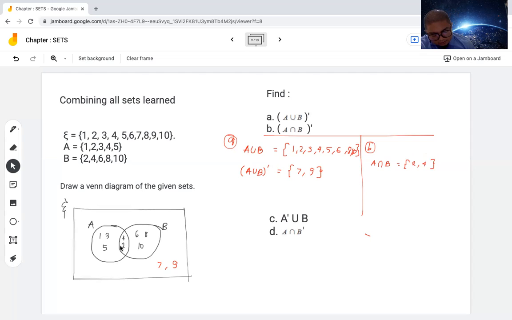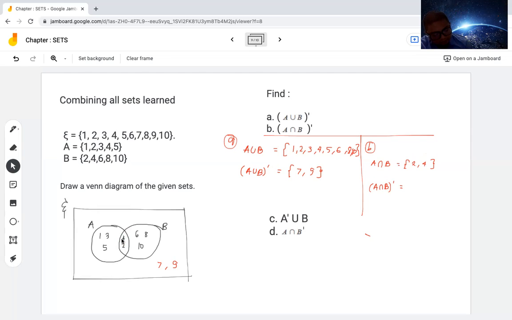Now, this is just the intersection of A and B. However, we are asked to look for the complement of the intersection of A and B. So in this case, you are going to think, what are the elements that are not found in the intersection of A and B? If these are the elements for the intersection of A and B, then the ones that you can see outside of that are the elements that are said to be the complement.